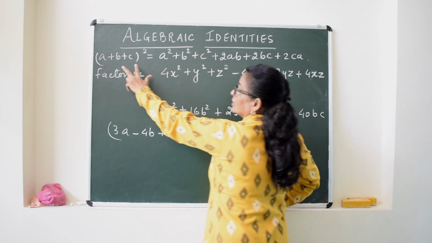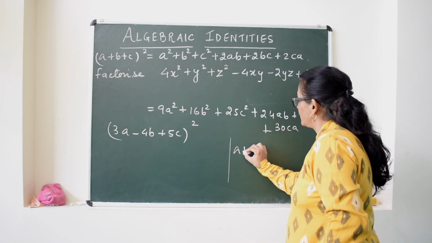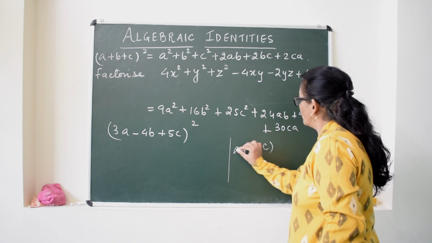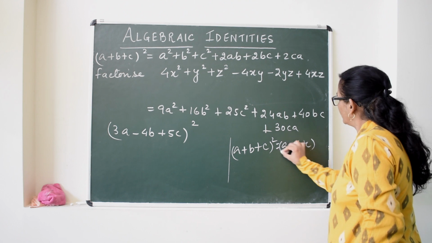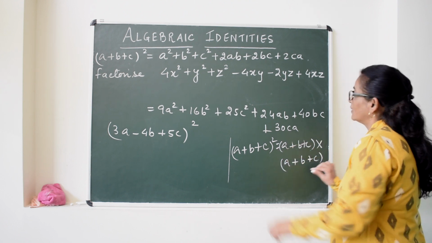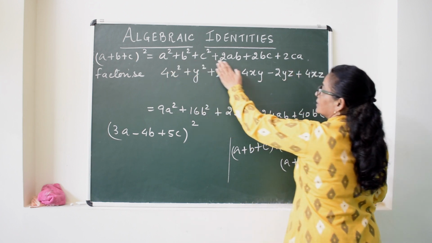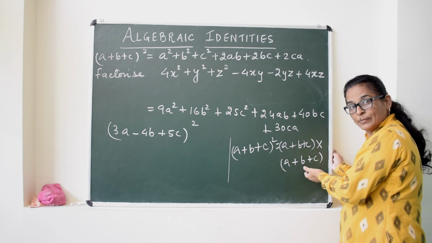So if we talk about this a plus b plus c the whole square, a plus b plus c the whole square is basically a plus b plus c into a plus b plus c, means the factors of this expression are a plus b plus c into a plus b plus c.